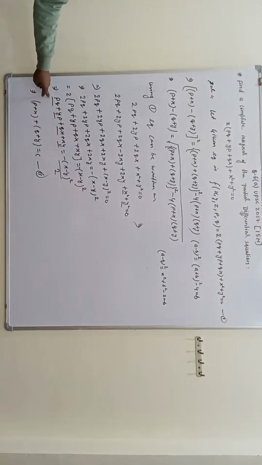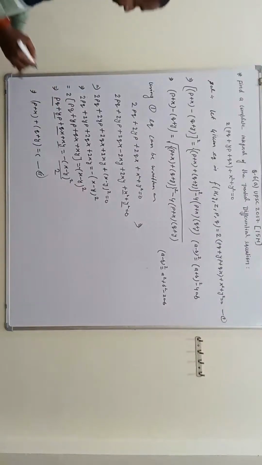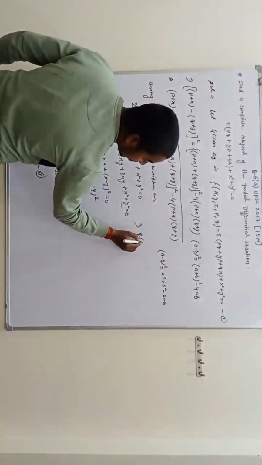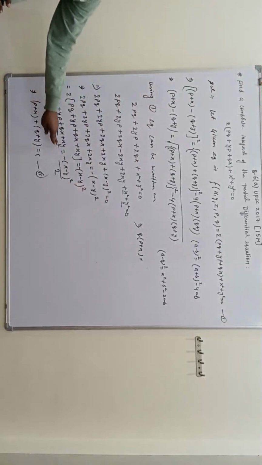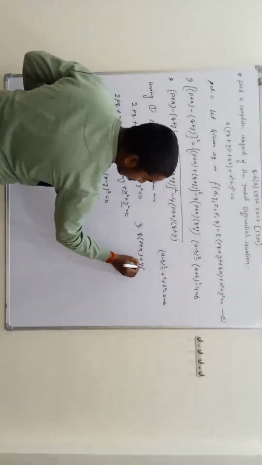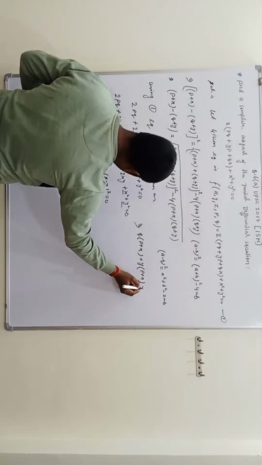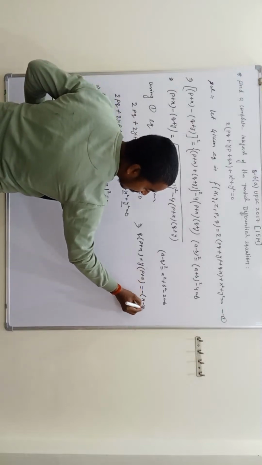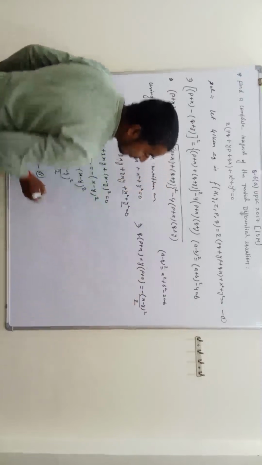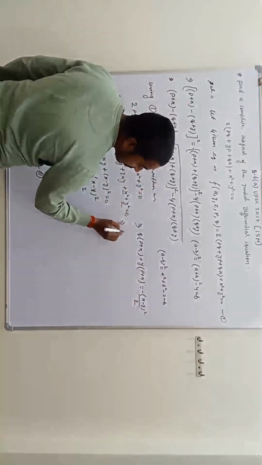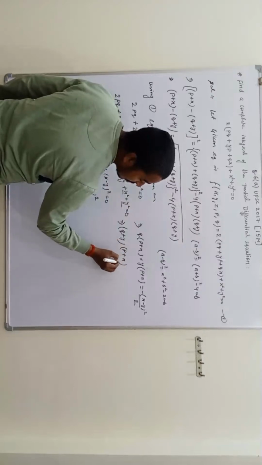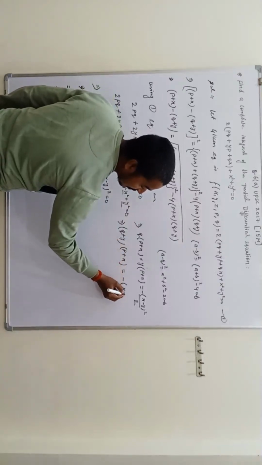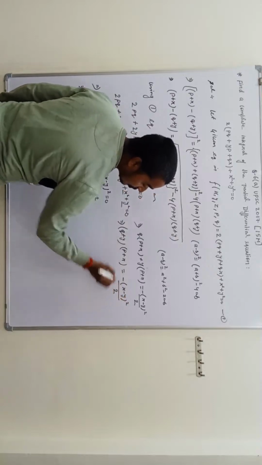When taking pq plus qx in one bracket, q is common, that is q(p plus x), plus yp plus xy in one bracket taking y as common, that is y(p plus x), is equal to minus of (x minus y) whole square upon 2. From here you can also write that (q plus y)(p plus x) is equal to minus of (x minus y) whole square upon 2.